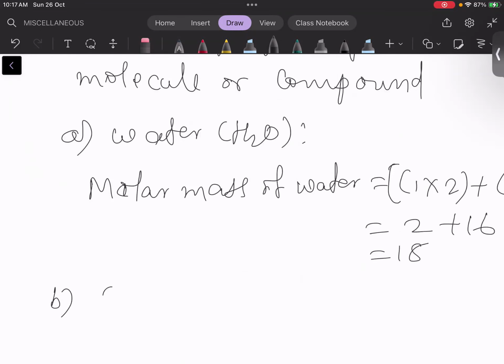Second example, ethanol. What is formula for ethanol? Anybody knows? C2H5OH.